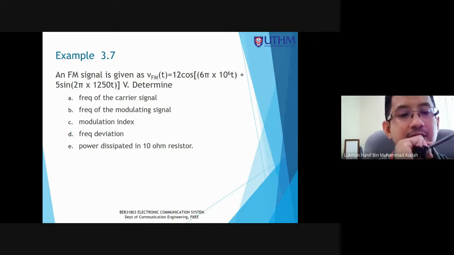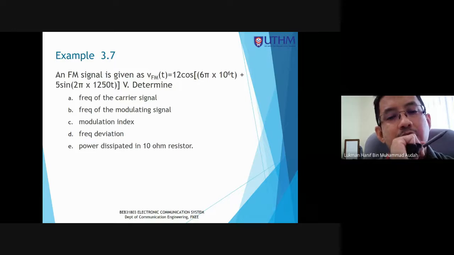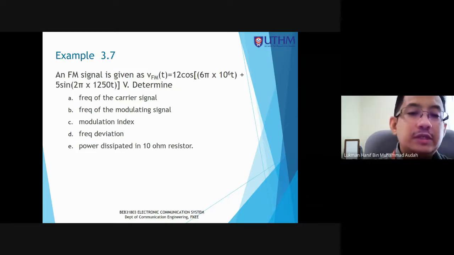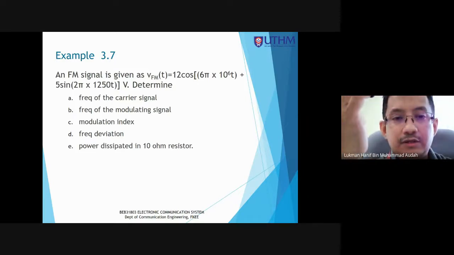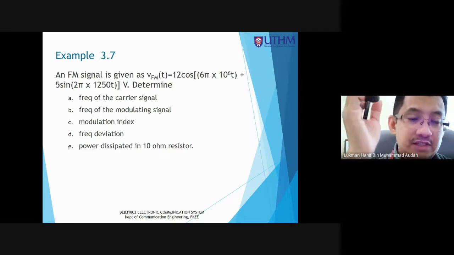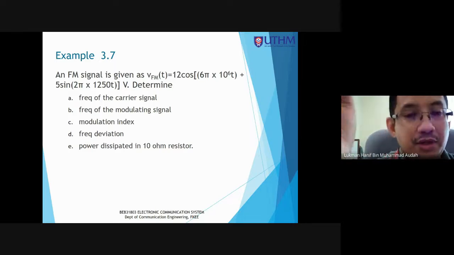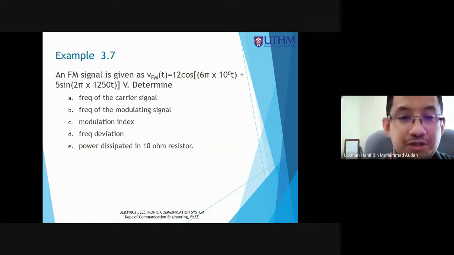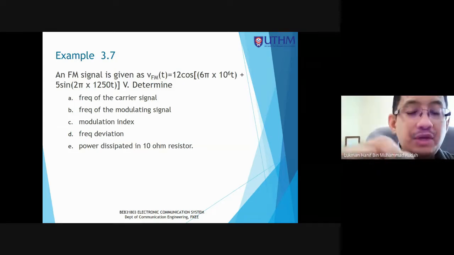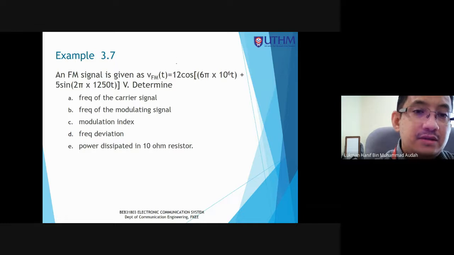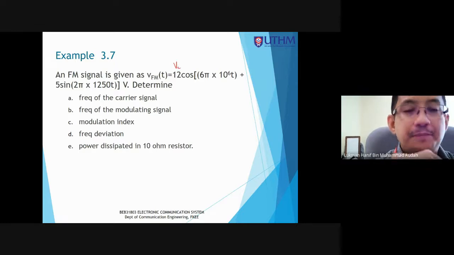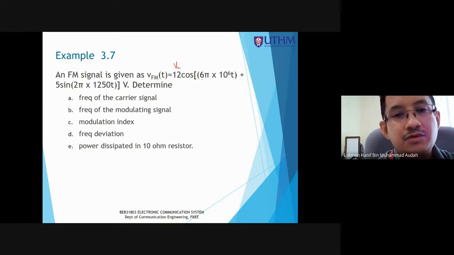Class, when you are given a question like this, I would suggest you directly convert the given parameters. In this example, you are given an equation of FM. From here, you can determine that this is Vc.